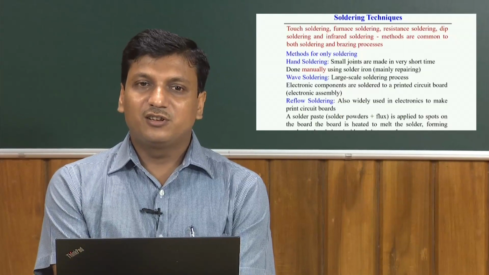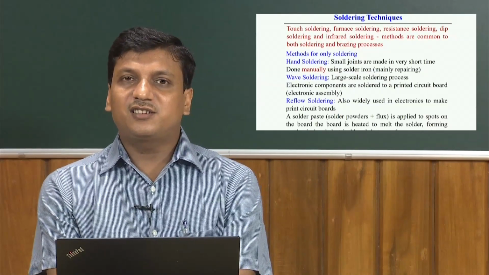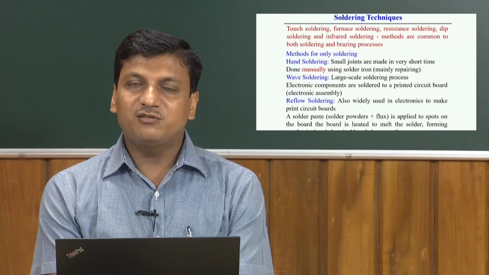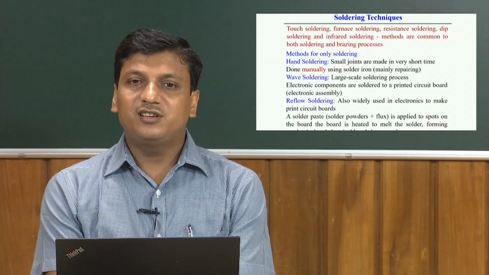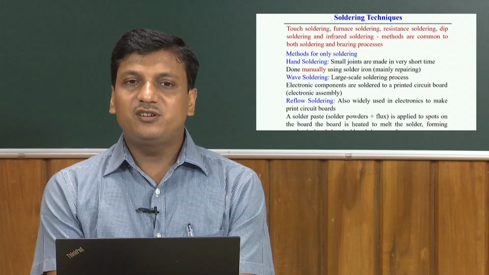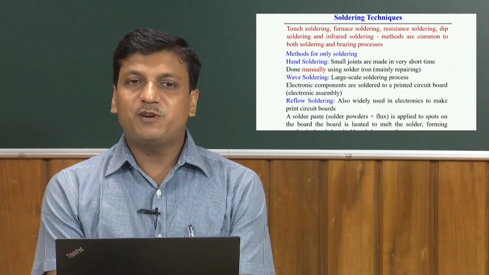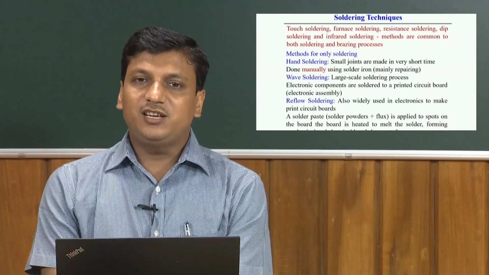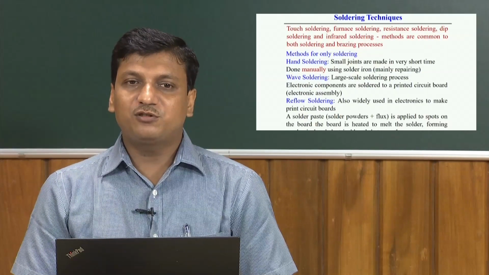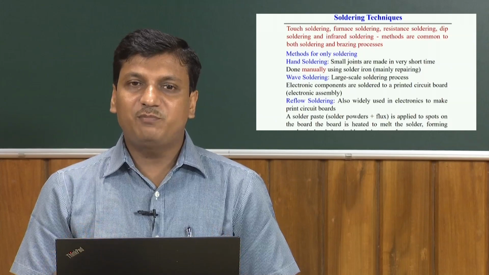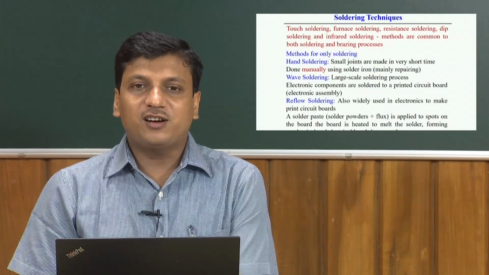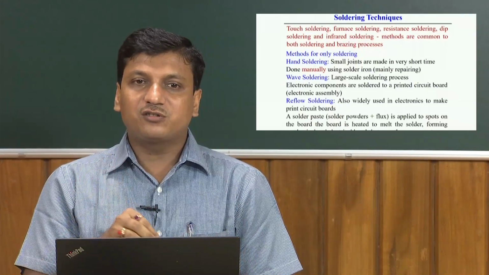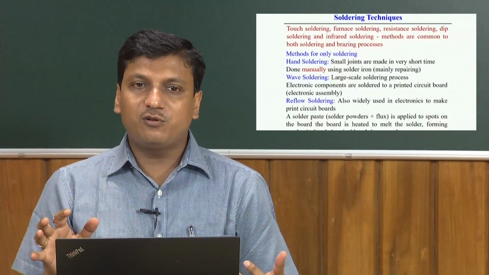There is another large scale soldering process called reflow soldering. It is also widely used in the electronics industry to make printed circuit boards, but the difference from wave soldering is that reflow soldering uses solid solder paste, powder and flux, which are applied to different spots on the board.